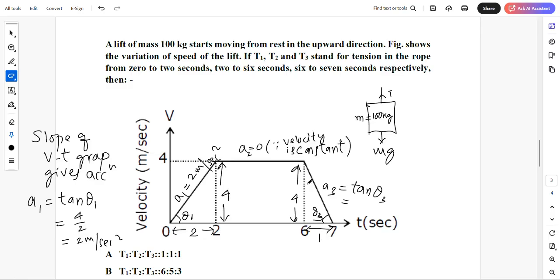I know it is a negative slope, so minus 4 by 1, which is minus 4 meter per second square. A1 is acceleration, A2 is 0. What is A3? A3 is retardation.